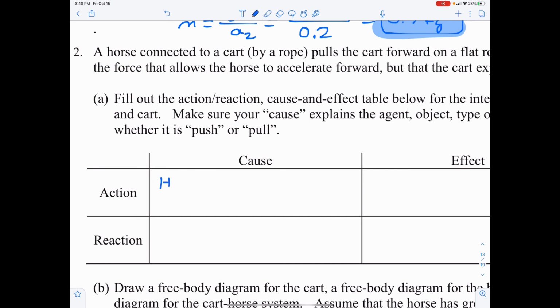Well, the horse pulls the cart forward. The cart reacts and pulls the horse backward.